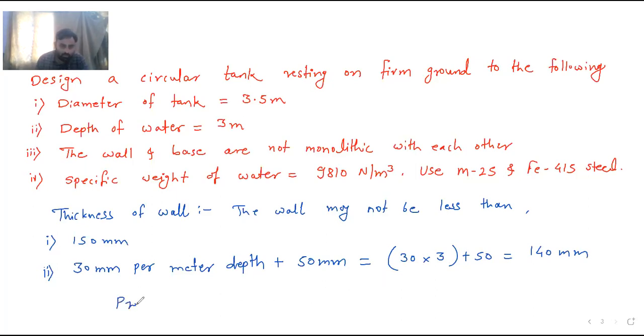So here I will write: provide thickness of 150 mm. So we have provided the thickness of 150 mm to the wall. Okay, so this is your step number 1. What you have done, you have finalized the thickness of the wall.